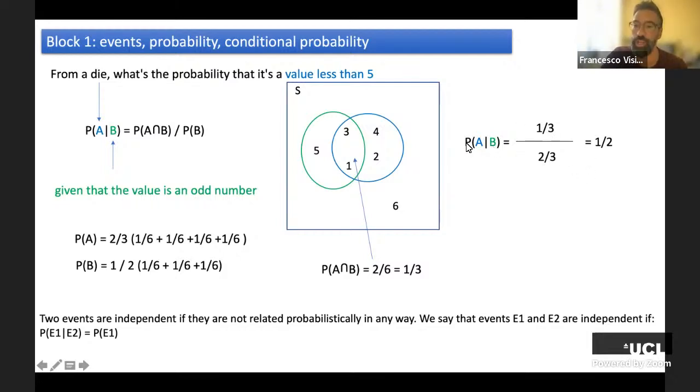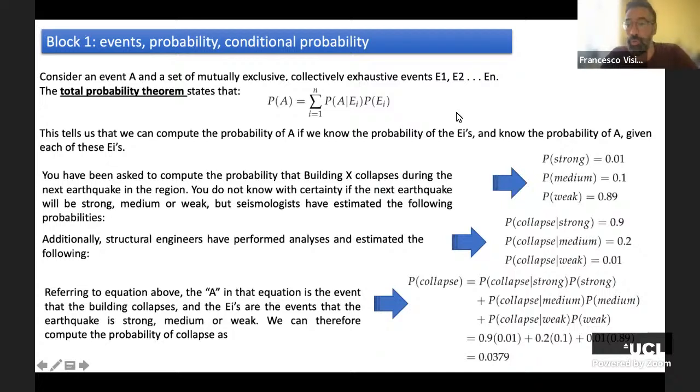So the probability of A conditioned on the occurrence of B is 1/2. That is something different from the simple probability of A. So this is at the basis of our concept. And we can do another example, more adherent to our work, which also introduces another step forward, the total probability theorem.